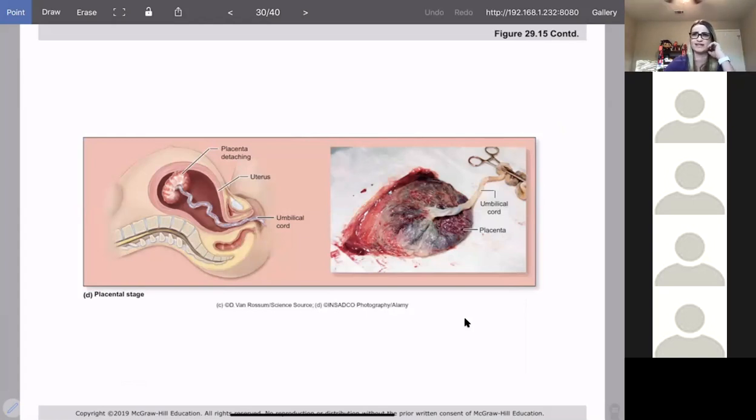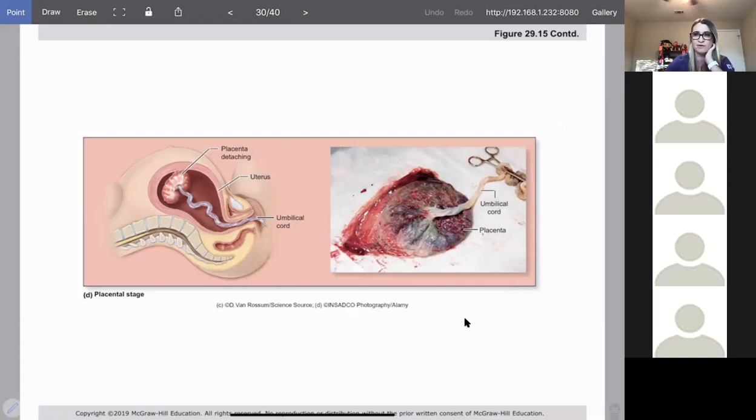Remember, the placenta is a highly vascularized organ, so after the baby is delivered and you cut the cord, there's still blood going into the placenta, and it's coming out. So it's very important that the placenta detaches in one piece. They will check once it comes out whether it's intact or whether it looks like it's ripped apart and pieces of it need to be removed.